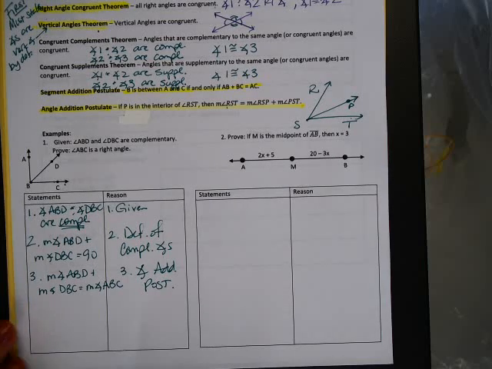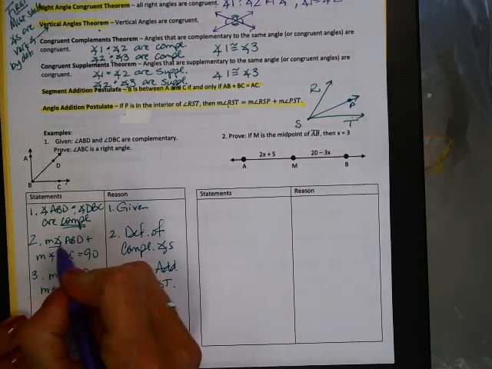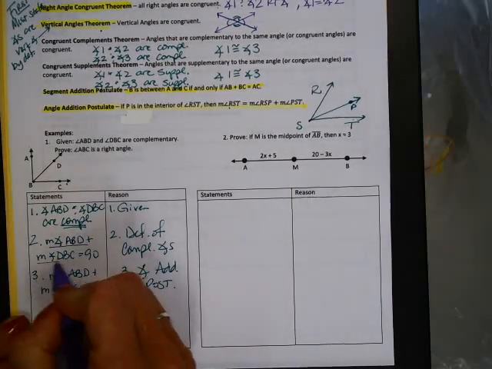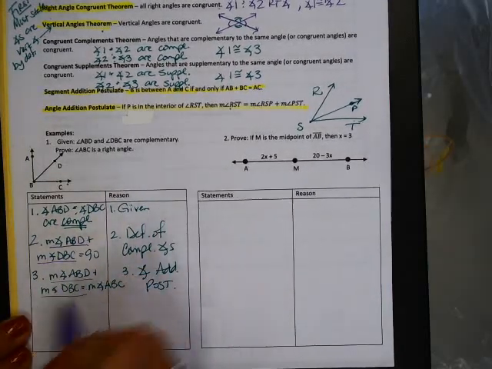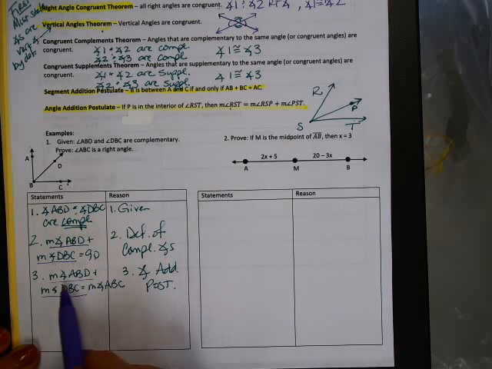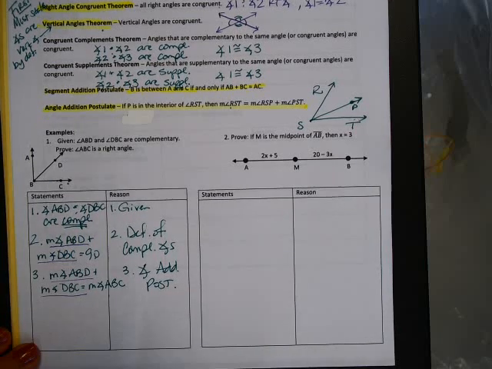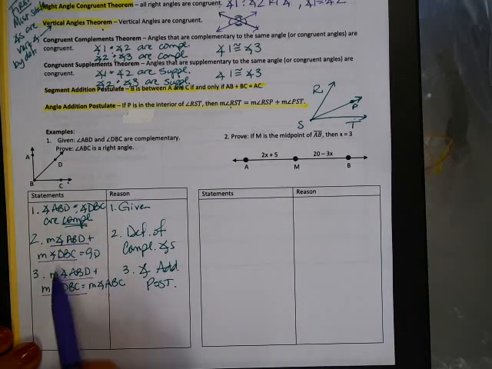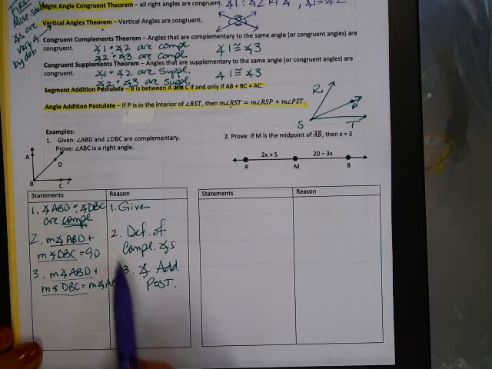Now, look up ahead and see what we have in both of these proofs. You see how the measure of angle ABD plus the measure of angle DBC is in both of these. If I know that it's equal to 90, I also know that it's equal to the measure of angle ABC. By the transitive property, 90 equals this equals that, so my first can equal the last.